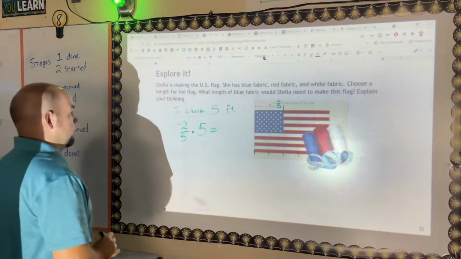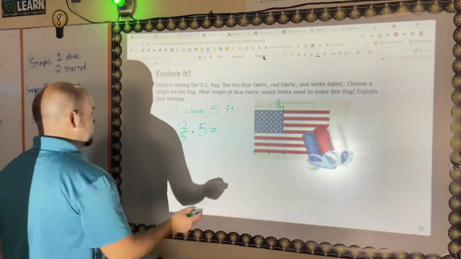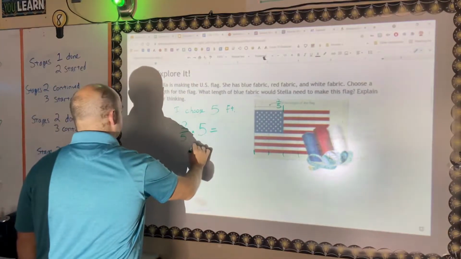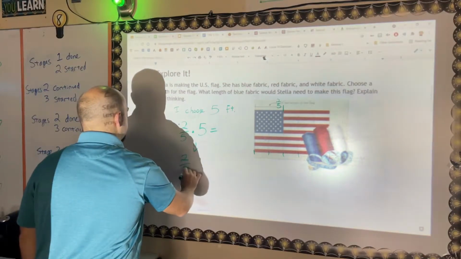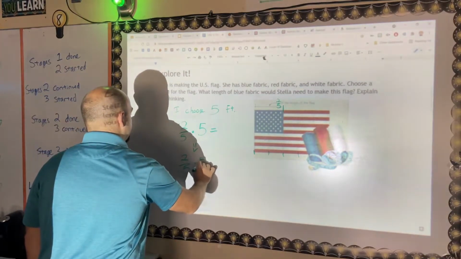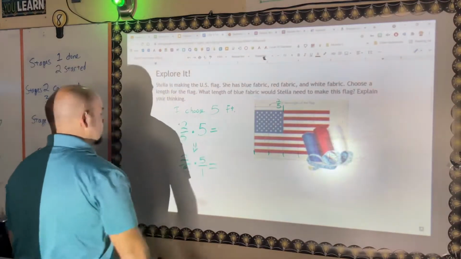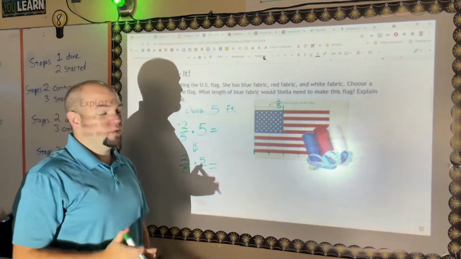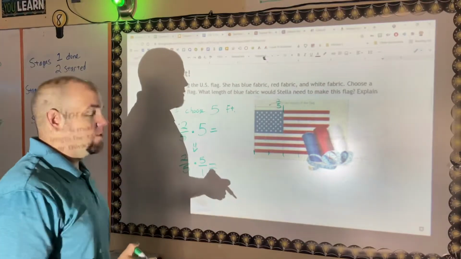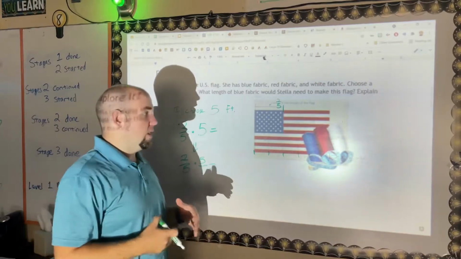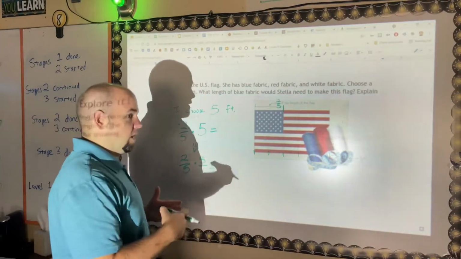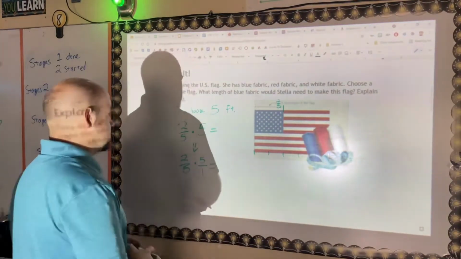Well, the way we multiply fractions, we can turn this 5 into a 5/1. So 2/5 times 5/1. To multiply fractions, I'm pretty sure you did that last year, and now we're just applying what we knew with how to multiply fractions to how to multiply positive and negative, and then also decimals and fractions and so on.